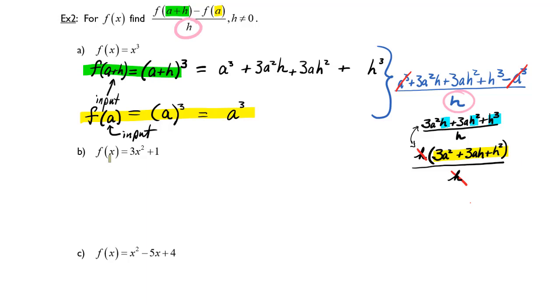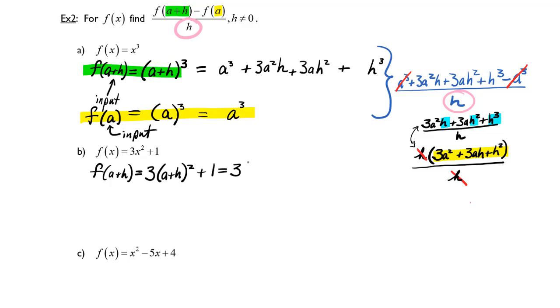Let's take a look at f of x equals 3x squared plus 1. We again need to find f of a plus h minus f of a all over h. So I will find f of a plus h first. a plus h is my input. 3 times a plus h squared plus 1 will be what I get when I substitute that input in.